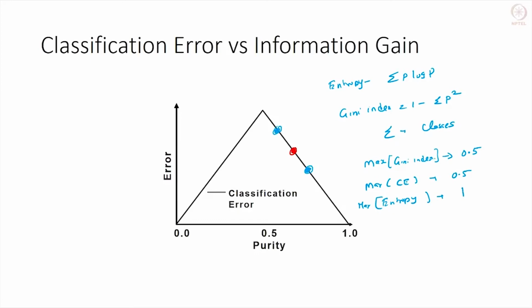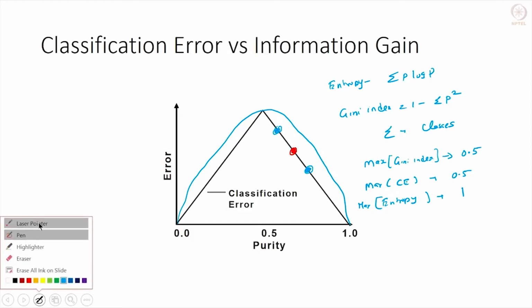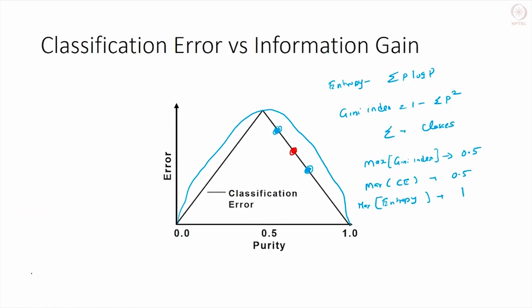So if you plot all of them, then the Gini index is a concave function, much smoother than I drew here. You can plot it out, it is 1 minus P squared. If you want to look at the entropy, it is something more like this, because the value can go up to 1. They all reach their maximum value at P equal to 0.5 for a 2 class problem.